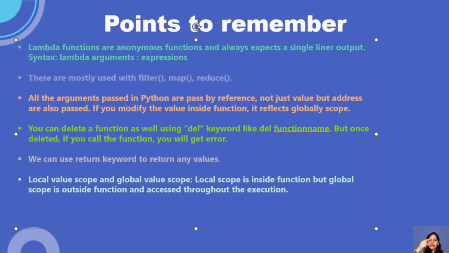And whenever you are keeping some default values, like in your class, you define some variables on top of the class, then those act as a global scope, and those can be accessed outside the functions as well, right? So a local variable scope you cannot access outside functions. So that is all, guys, for now. Let us go and understand the coding part.